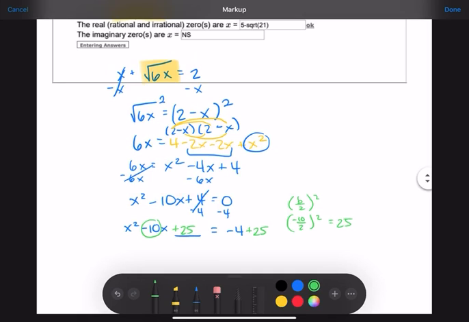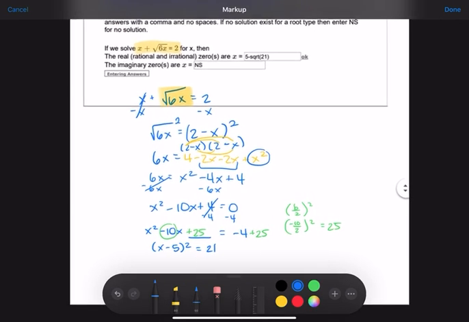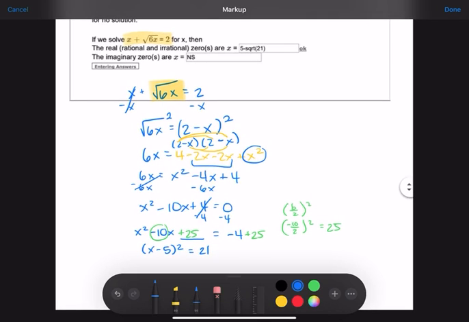And then I'm looking for a squared term over here. So I'm looking for factors of 25 that add to negative 10, and that is going to be x minus 5 squared, because negative 5 times negative 5 is positive 25. Negative 5 minus 5 is negative 10, so that'll work. And that's equal to 25 minus 4 is 21. Okay, so I need to keep solving until I get x by itself.